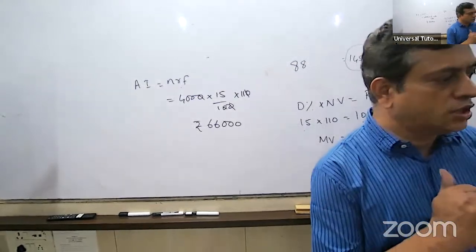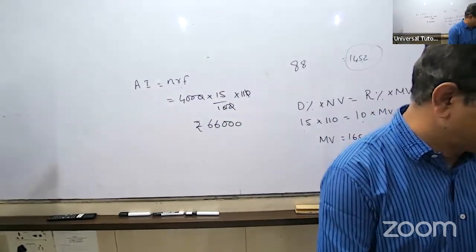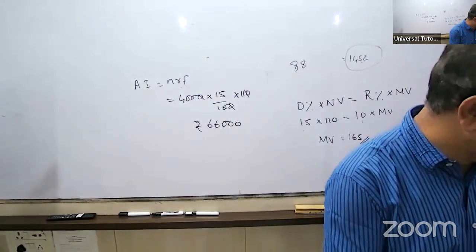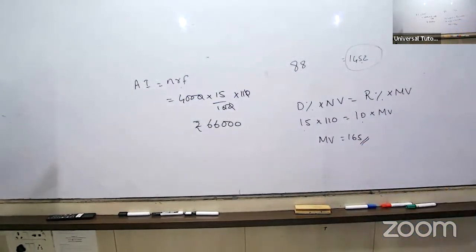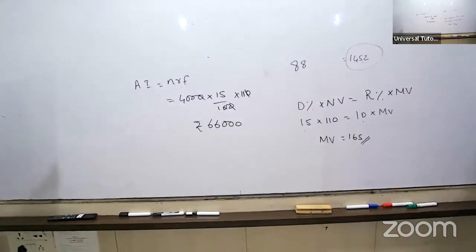Did you get the annual income of A? Then find out annual income of A is equal to annual income of B. So find for that one NRF. Do you have N? Do you have R? Do you have F? Check.